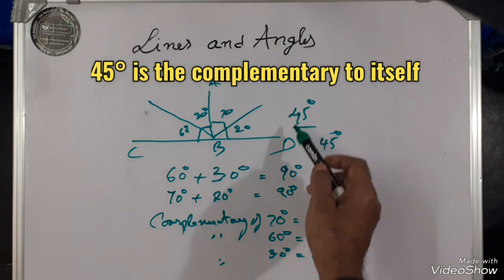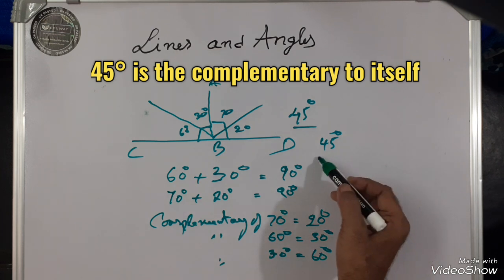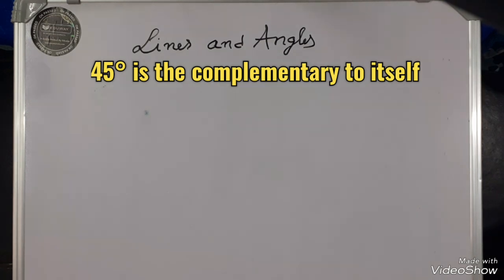So the complementary angle of 45 degrees is 45 only. So which angle is complementary to itself? 45 degrees. Very important, remember that point. Is it clear?